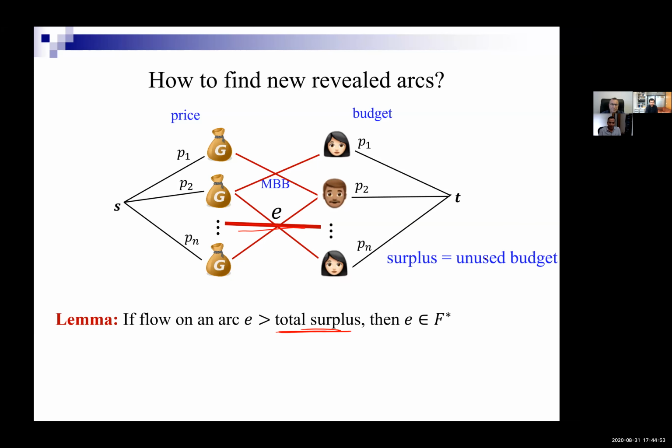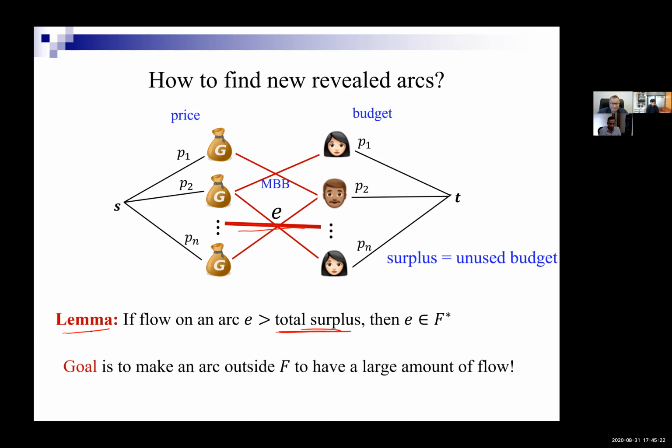The surplus is the unused budget. So you give me any prices, but just make sure that some arc carries a very large amount of flow. Then we claim that this arc will be in the equilibrium support, in F star. Okay, so this is very good. Our goal is to make some arc outside F, because F is already revealed, carry a large amount of flow. When this happens, we know that this arc is part of F star. We will extend F using this arc because of this lemma.